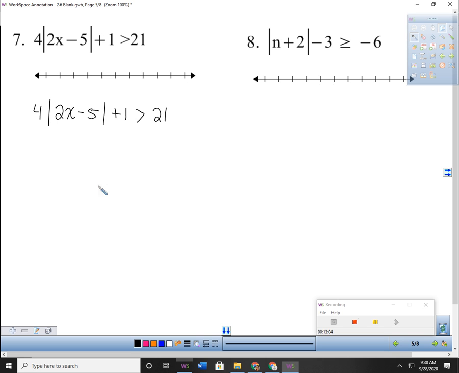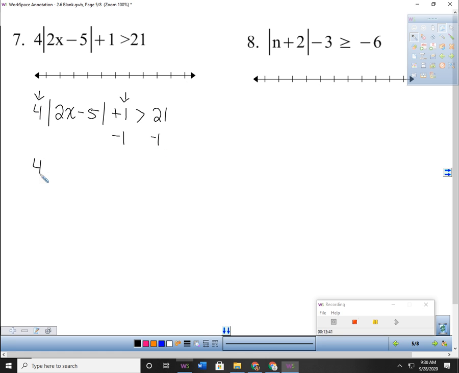So how am I going to do that? The first thing I'm going to do is, I have to get rid of the 4 at some point, right? And I have to get rid of the 1. I'm multiplying the 4, so that should come second, right? I'm going to subtract 1 first.